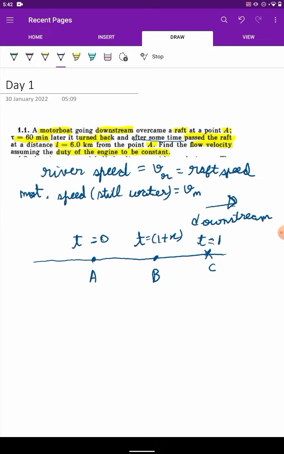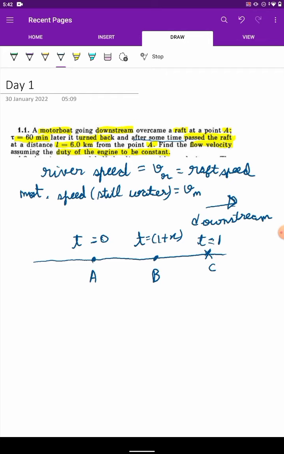So it will become Vm plus Vr. And when it is going upstream, that is opposite to the direction of the stream, its velocity will be Vm minus Vr, and obviously Vm is greater than Vr, otherwise the motorboat cannot go upstream.